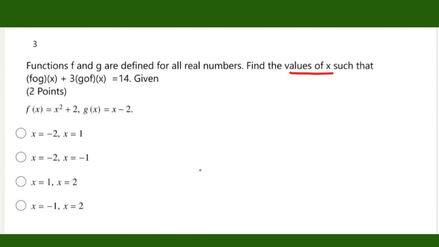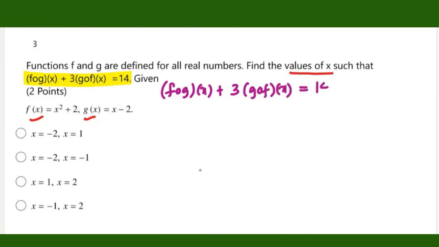Okay, so the given functions of f and g are as shown. So, taking down the composite given here, f of g of x plus 3 of g of f of x should be equal to 14.